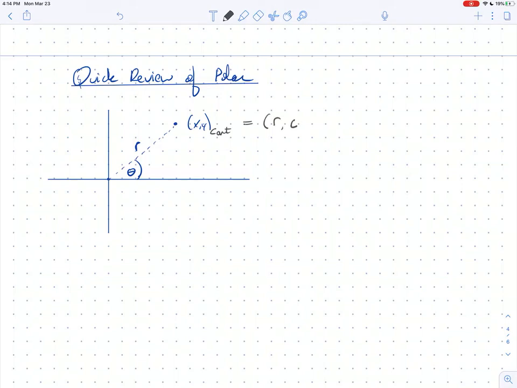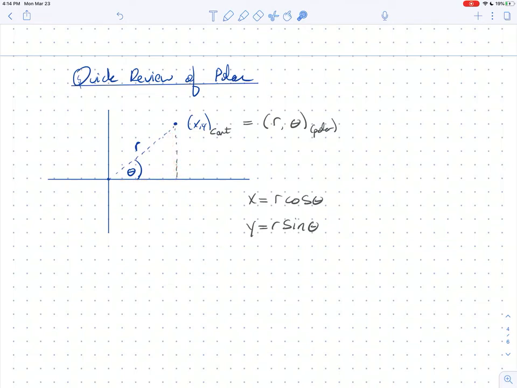You just encode it, you say r comma theta, and so xy in Cartesian coordinates is the same as r comma theta in polar coordinates. A couple of key conversions that you should know: x is r cosine theta, y is r sine theta. By the way, you can see that instantly off of the triangle here.